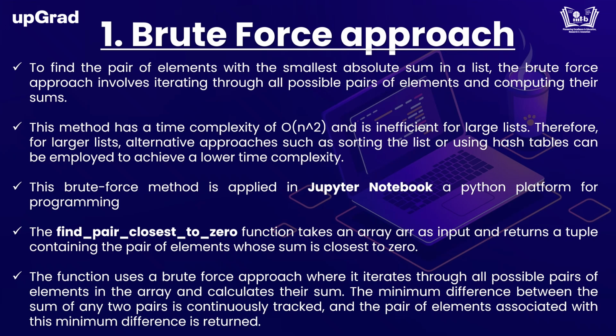The brute force approach involves iterating through all the possible pairs of elements and computing their sum. This method has a time complexity of order n square and is inefficient for large lists. Therefore, for large lists, alternative approaches such as sorting the list or using a hash table can be employed to achieve lower time complexity.